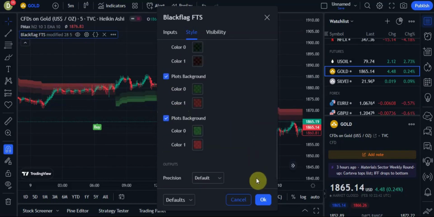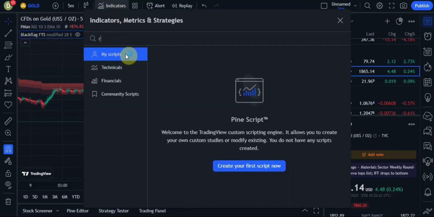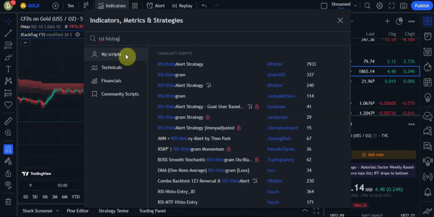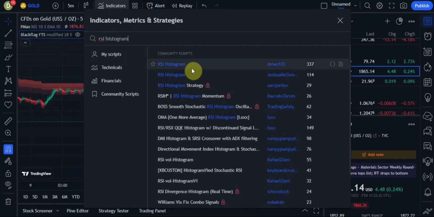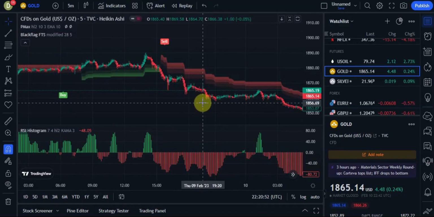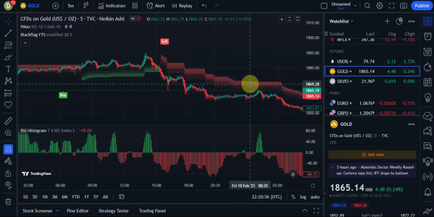And then hit OK. And for our third and final indicator, we're going to type in RSI histogram. And this is the one we want here by D-Man 103. Let's add this one. So this strategy is pretty easy, guys. With the black flag indicator, we have green clouds and red clouds, alright?